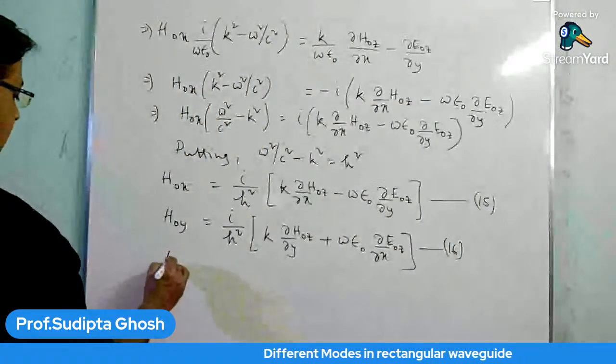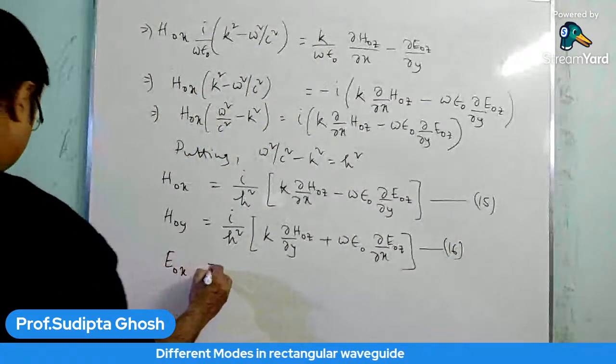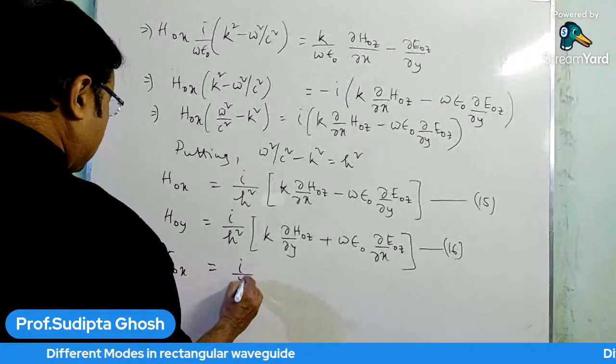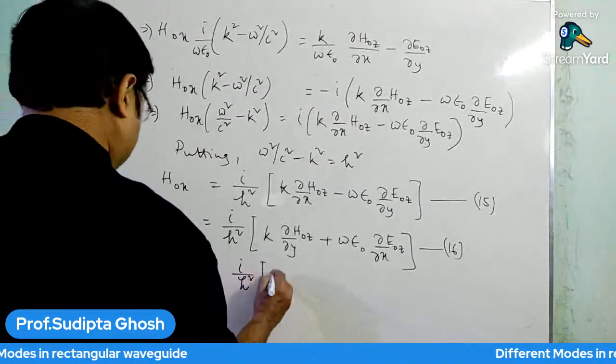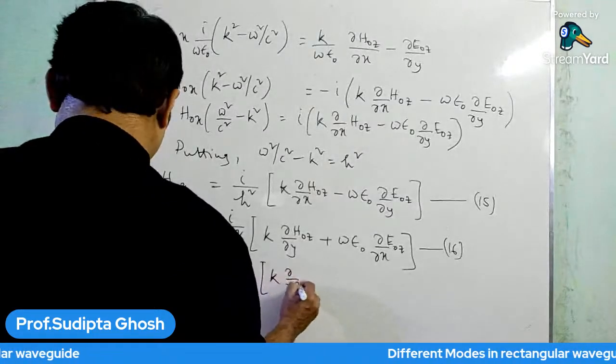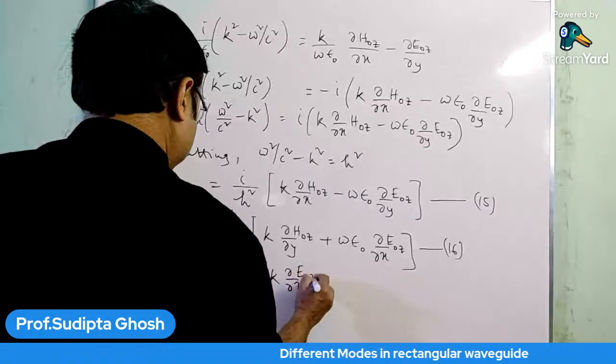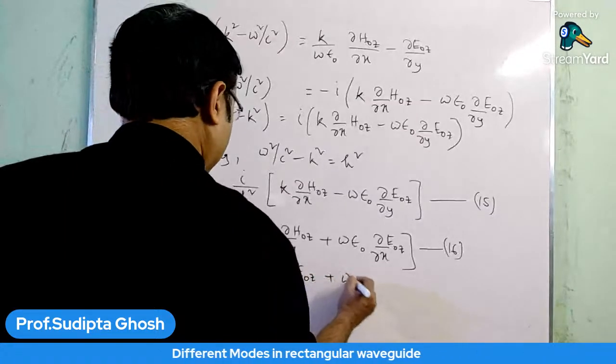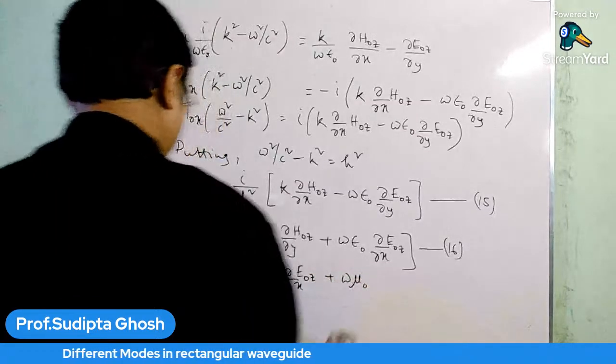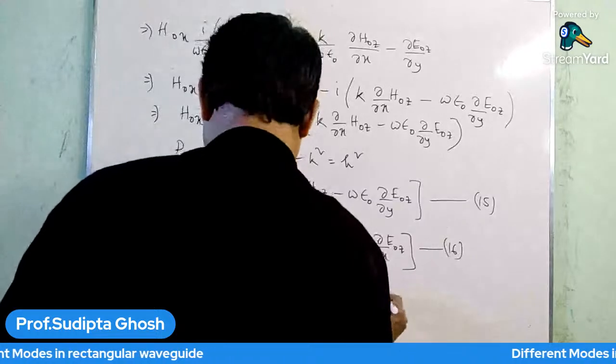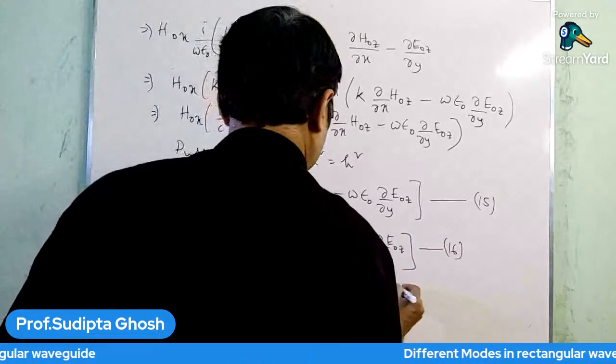Then EOX can be written as i by h square, k del del x of EOZ plus omega mu 0 del del y of HOZ.